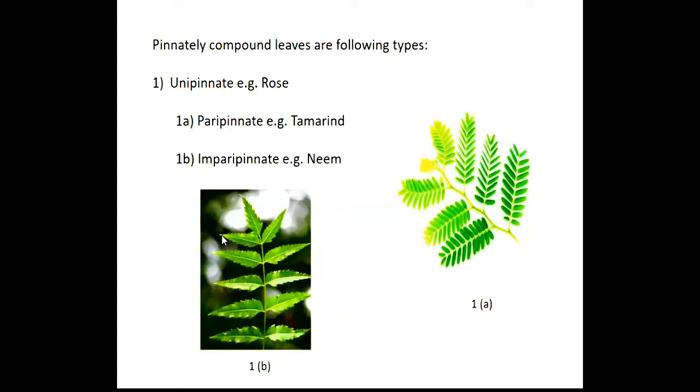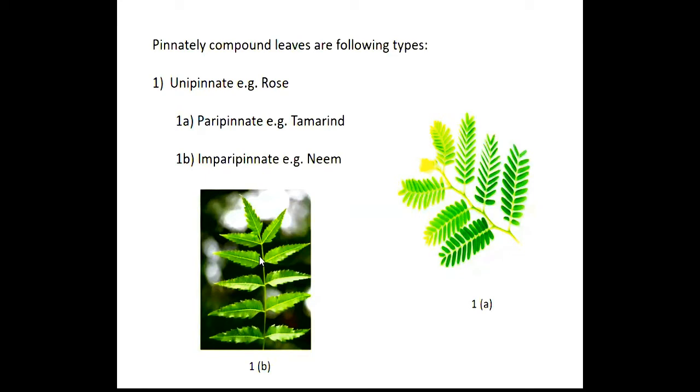There are some subtypes here: unipinnate, bipinnate, and tripinnate. So you remember the pinnate types, the theme of pinnate. What happens here? This is the central vein or rachis, and the leaflets are grown laterally from this central rachis.